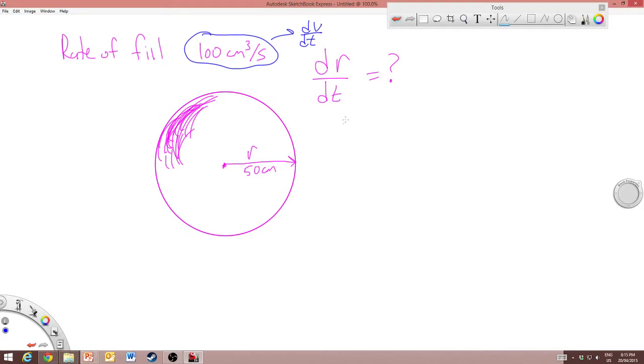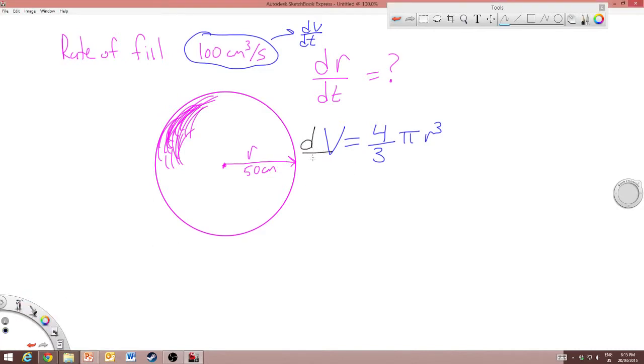So how do I relate the derivative of volume with the derivative of radius? Well, we can do the following. The formula that governs volume for a sphere is as follows: V = 4/3 pi r cubed. Okay. This is the equation that relates volume to radius. And since we want to find the derivative of the radius, let's just take the derivative of everything with respect to time.